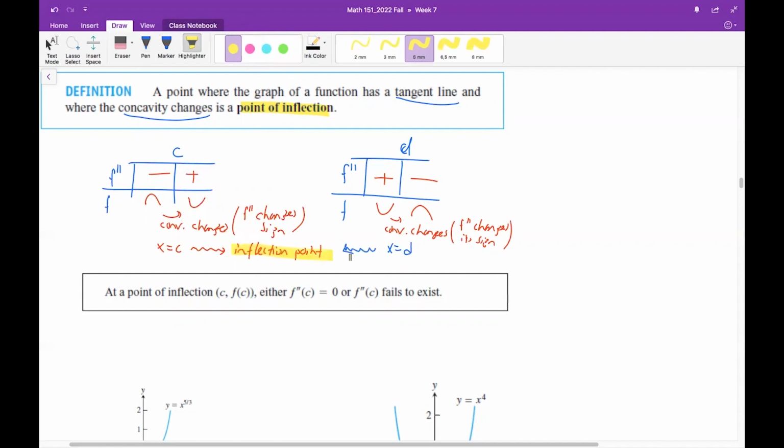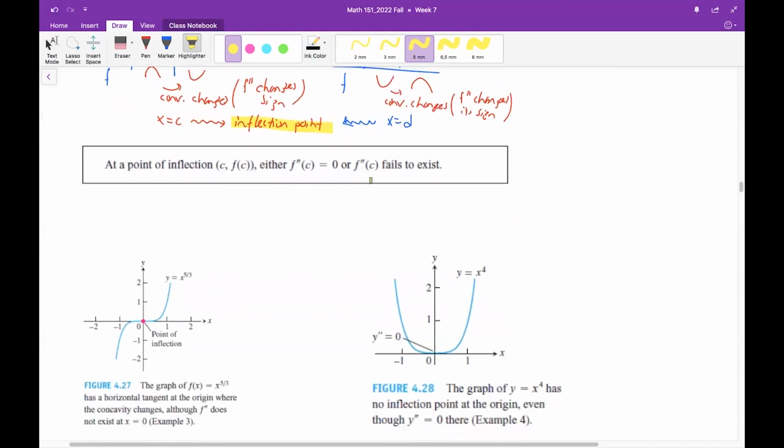Okay, inflection point is a new definition for us. It is the point where concavity changes. In other words, where the second derivative changes its sign. If the second derivative changes its sign from negative to positive or positive to negative, then that point is called an inflection point as long as you have a tangent line there, okay?